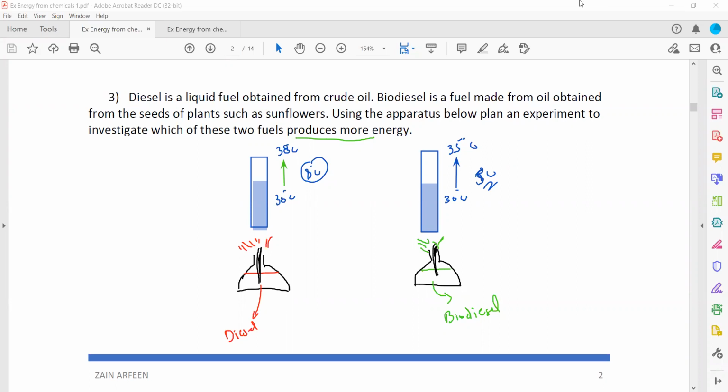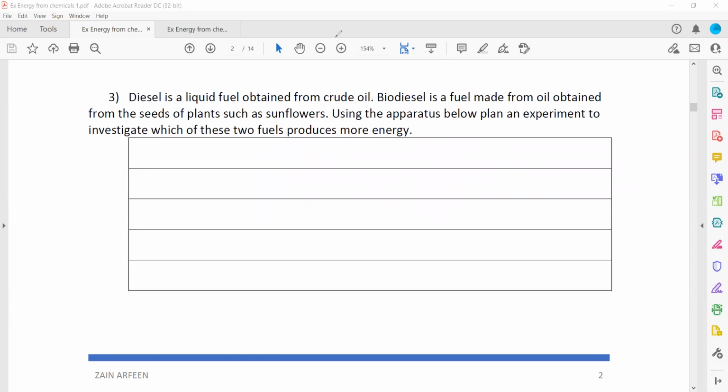So how do we plan this experiment? We'll take equal volumes of diesel and biodiesel in a spirit burner.